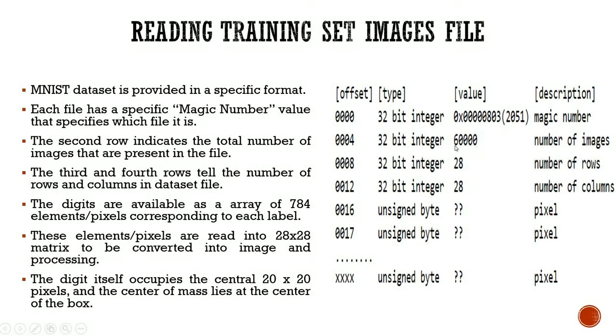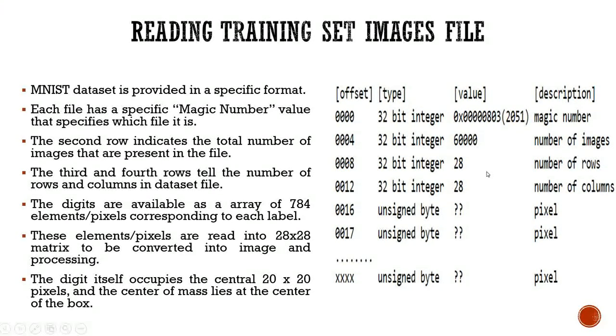Then in the second row we have this number 60,000. That is the total number of images. In the training set images, we always want to train our classifier with as many examples as we can, so as to make its prediction much closer to 100%. That's the ideal case. Next is the number of rows and the number of columns.